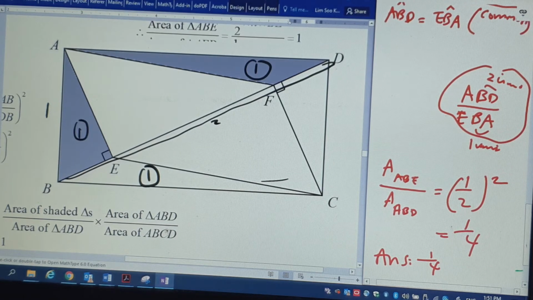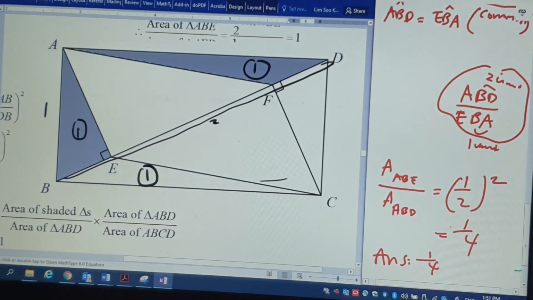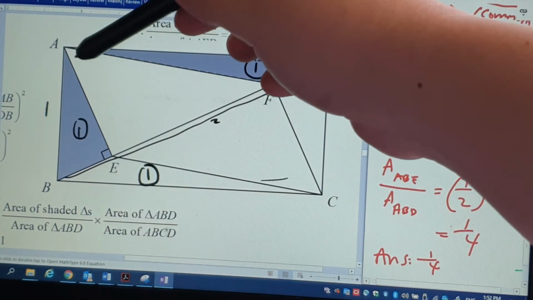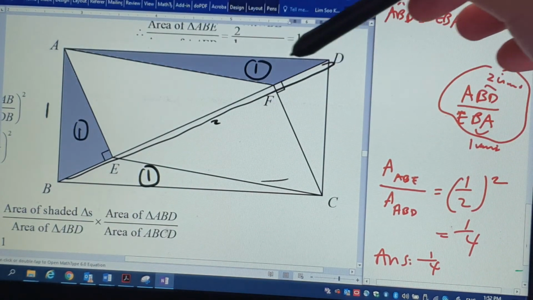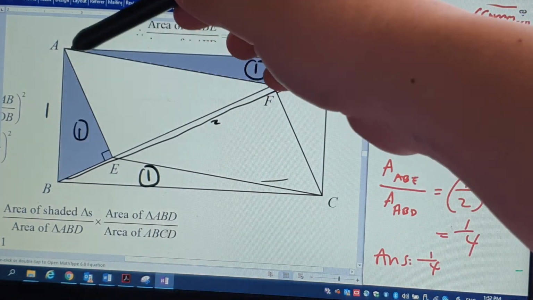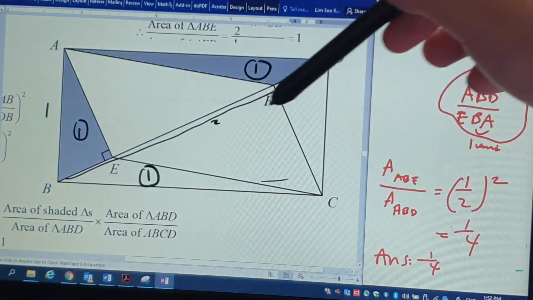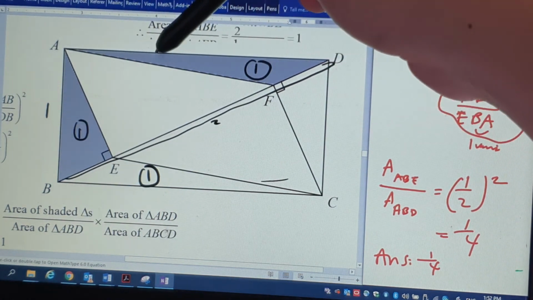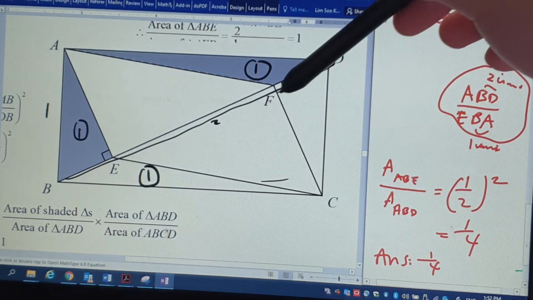Okay, you see, you imagine, just like I told you that this area is actually the same as this area, right? And this area is the same as this area. So you can actually throw this, like in primary school, into here.